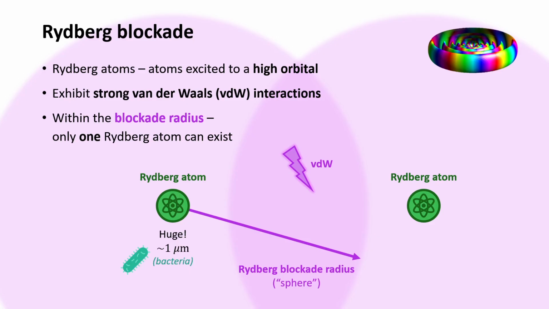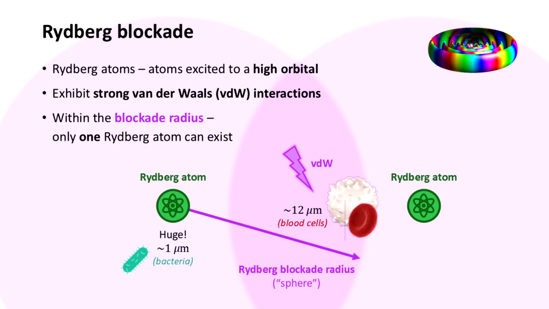So there's actually a sphere the size of this radius where only a single Rydberg atom can exist. And this radius is even larger, in our case 12 micrometers, which is larger than blood cells. So imagine a sphere larger than a blood cell where only 1 atom can exist.